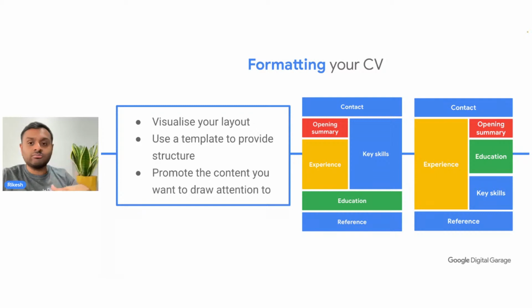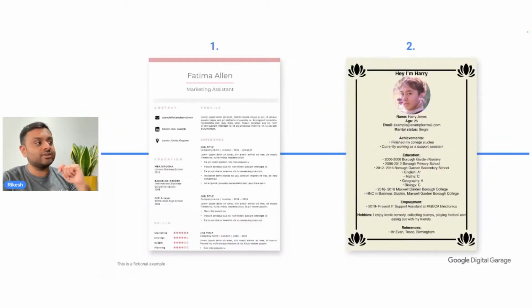Whereas if we've got not too much experience and not too much education, we've got a lot of strengths and skills that we've built up over time, that's something that we can lead with, and vice versa. So that's something to consider when it comes to formatting. And there are some fantastic CV templates that you can check out online, on Google Docs, and also on platforms like Canva.